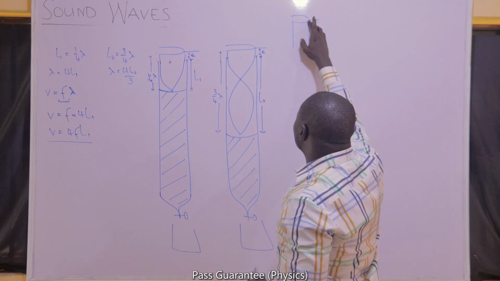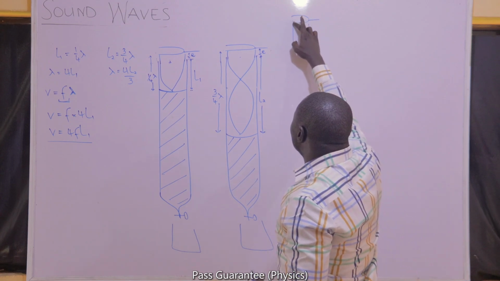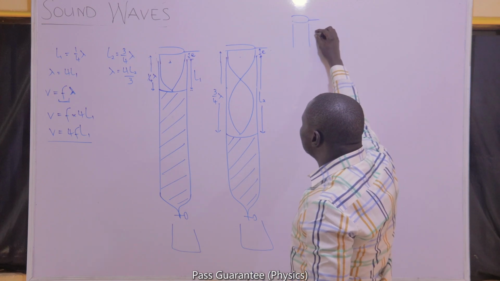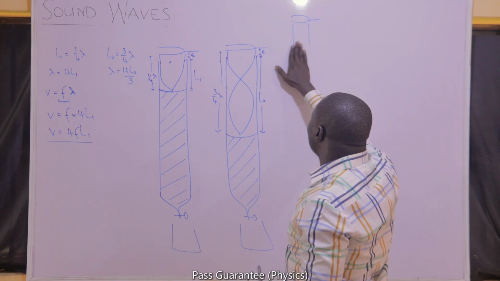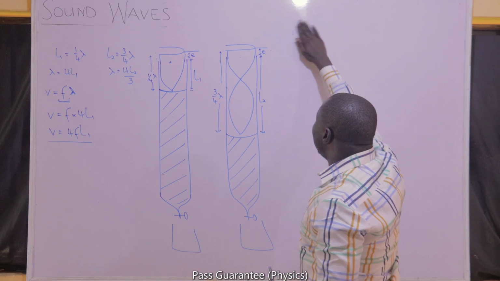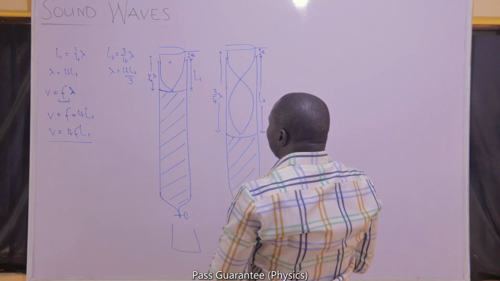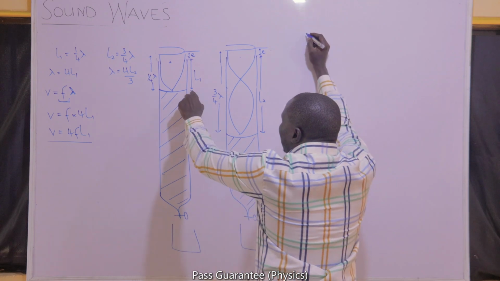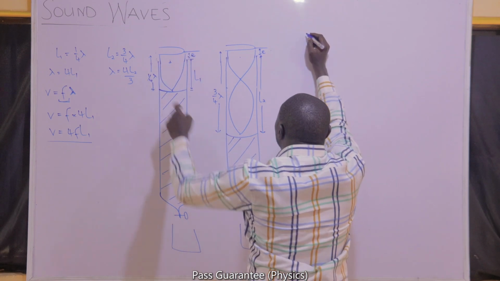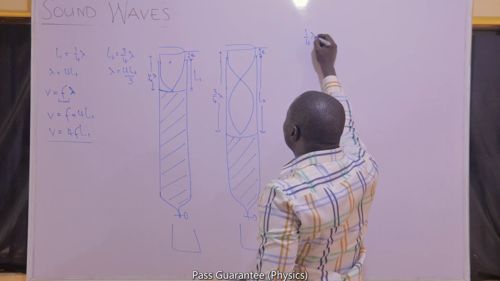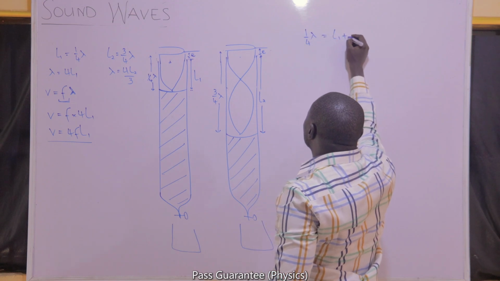So one of the precautions is that the fork must not touch the tube, but it must be as close as possible to the tube to ensure that the end correction is not significant. Where the end correction becomes significant, then we can rewrite our equation as L1 plus the end correction equal to 1/4 lambda.